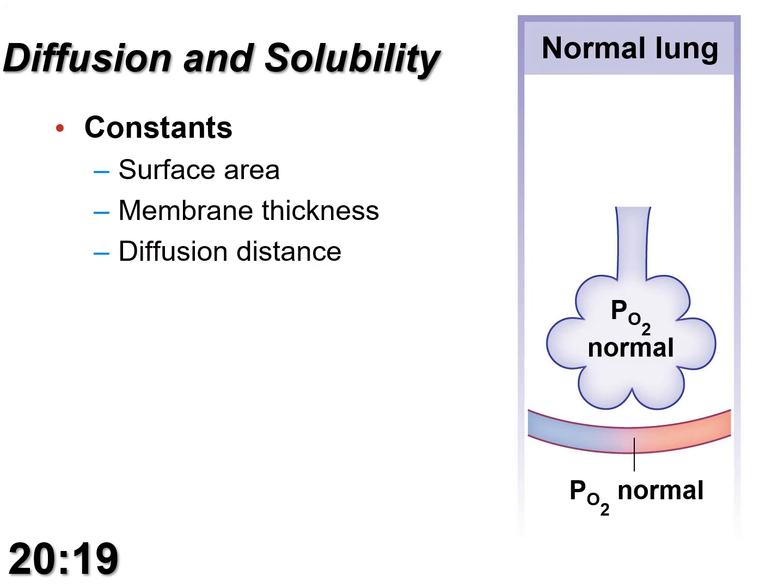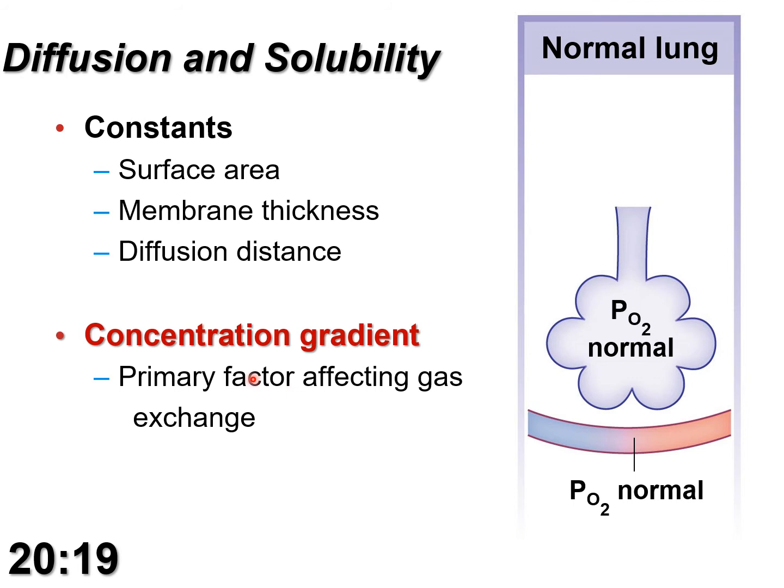Maybe diffusional distance under extreme circumstances, like in the case of near drownings or acute respiratory distress. Concentration gradient is critical. Ventilation and proper perfusion are critical. If we don't have those, we don't have appropriate gradients to achieve diffusion. That's the primary factor, and that's why we control ventilation and cardiac output from second to second, moment to moment. Even just the act of getting up out of your chair, you can feel your heart rate change.